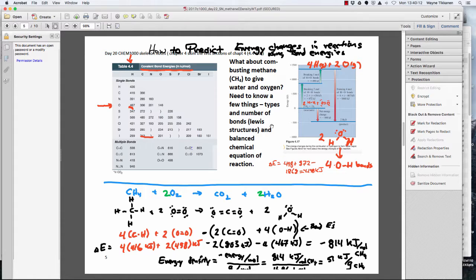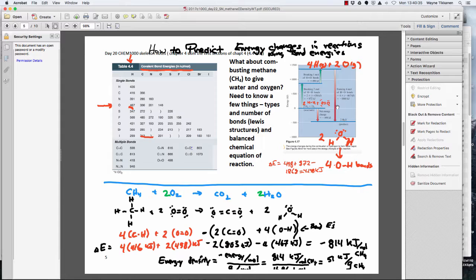So the strategy is that we're going to take our reactants and blow them apart into atoms. We'll compute the amount of energy it takes to convert them into atoms, and then we'll compute how much energy we get out when we bring those atoms back to the configuration of the product. So you're going to need some Lewis dot structures to do this correctly.